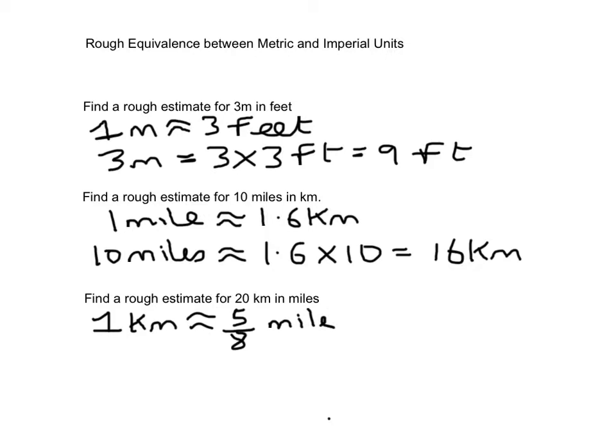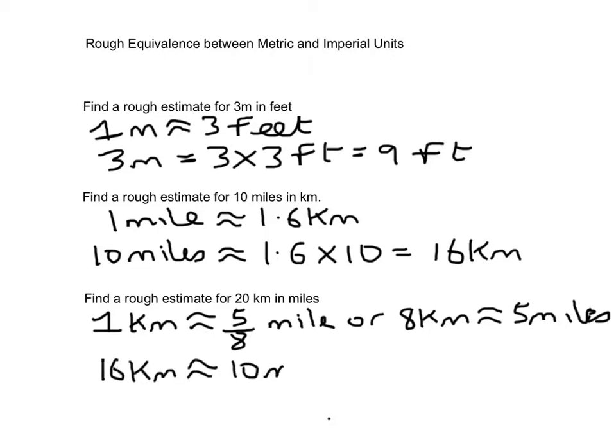Or another way to think about this is to say that 8 kilometers is more or less the same as 5 miles. So if 8 kilometers is the same as 5 miles, that means that 16 kilometers must be more or less the same as 10 miles. Well, we knew that from what we did above.